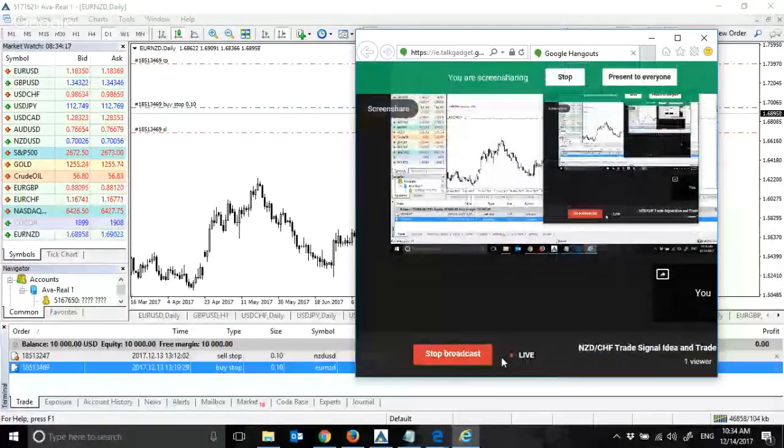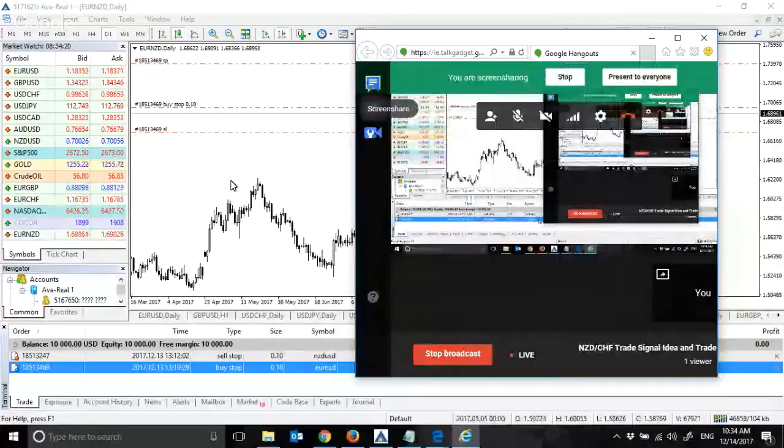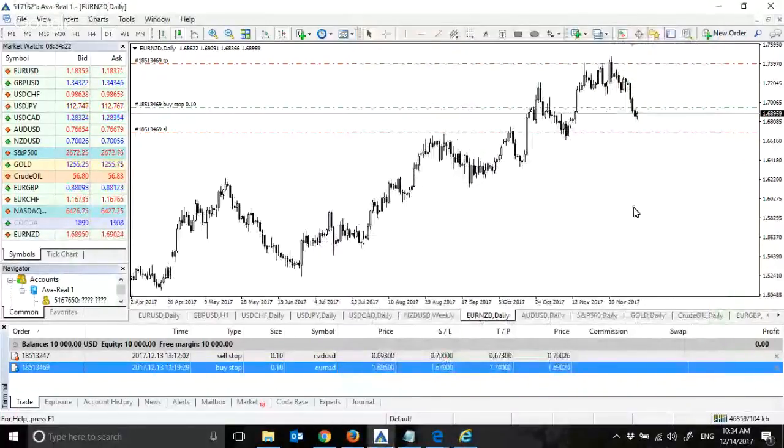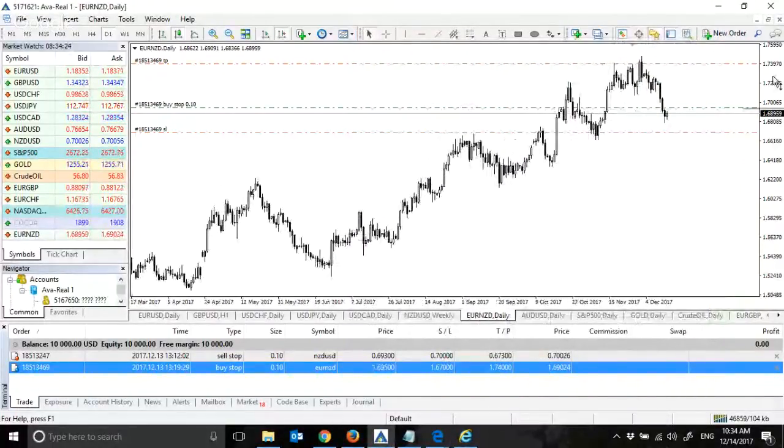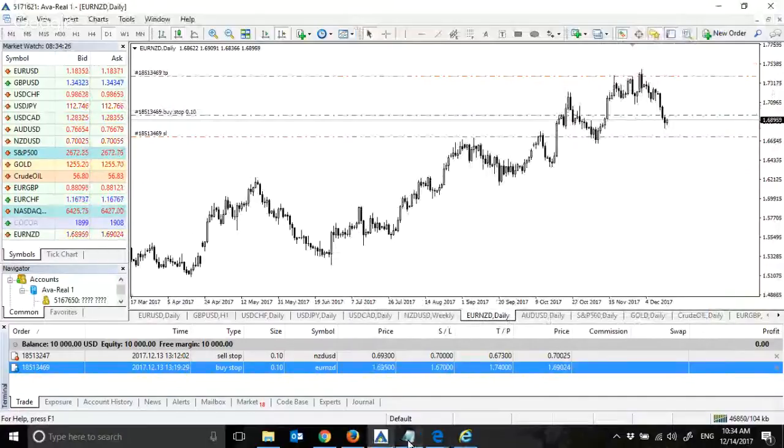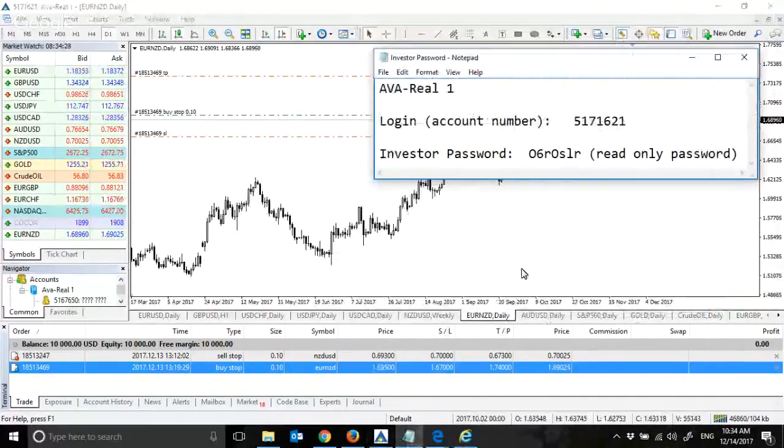I will share my screen. I will share my real and live trading account with you guys. All right, here's my screen, here's the account. Again, this is a real account. You can see here the credentials, the login and the investor password.